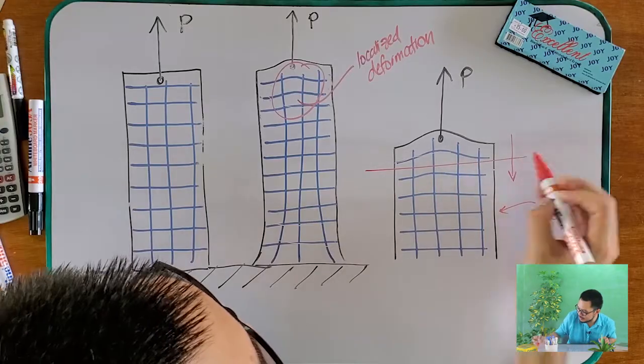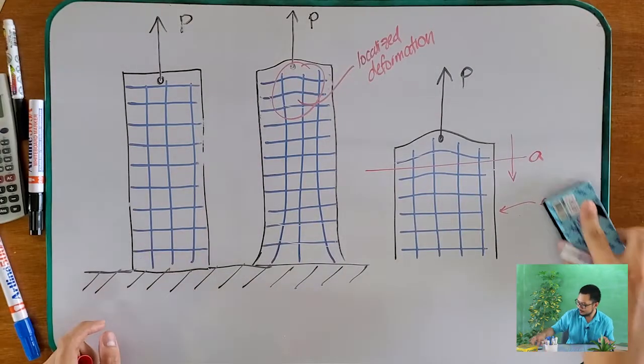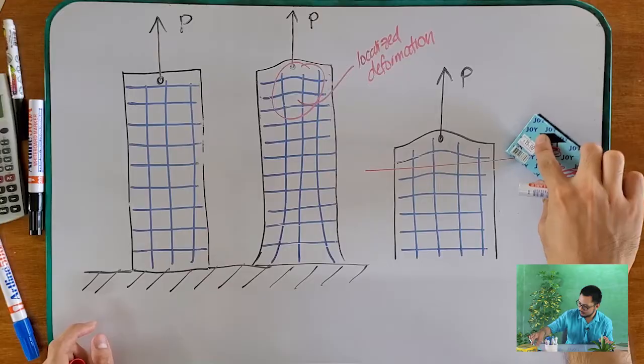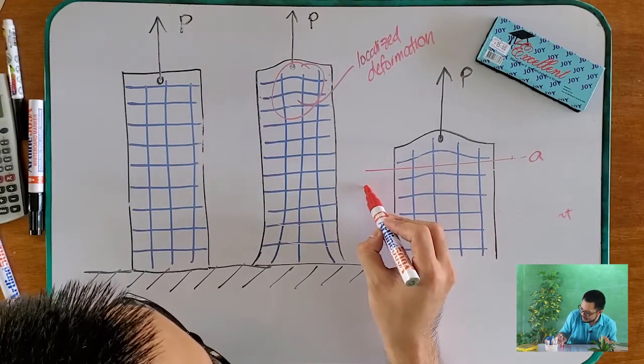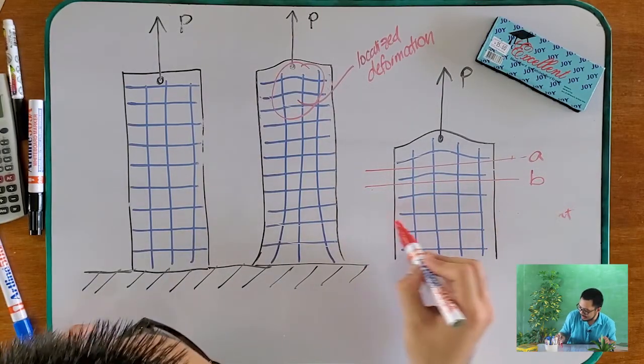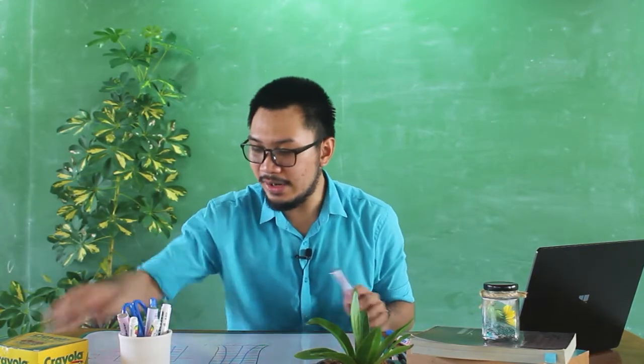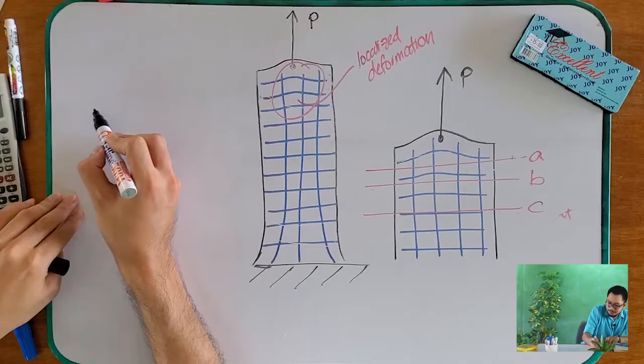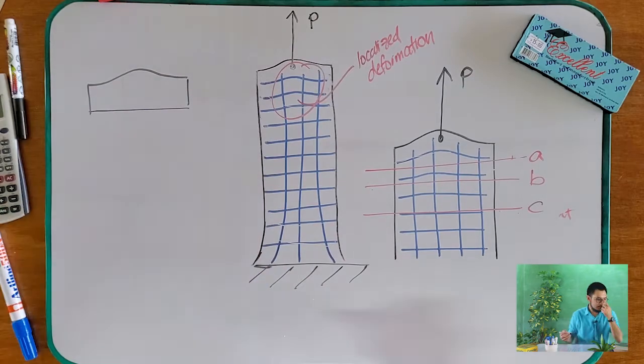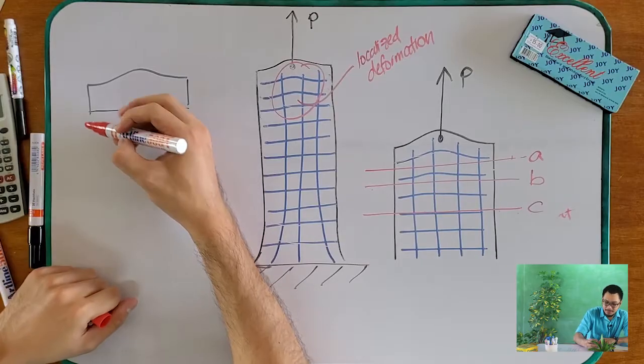Let's say this one is your section A. This here is section B, and this here is section C. Okay, let's look at those sections one by one. So now we cut our bar at section A. So, what is the distribution of stress here? This is its distribution of stress.